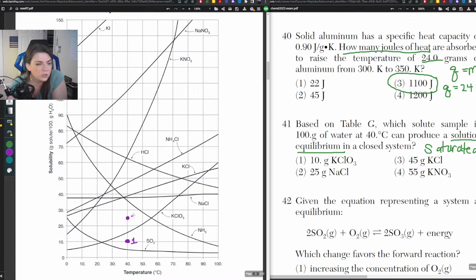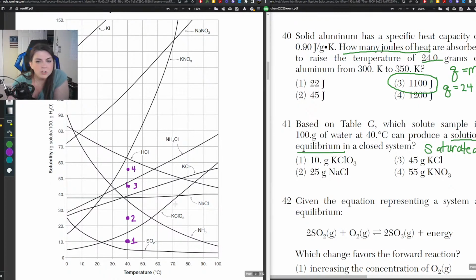That's answer choice 2. Number 3 is 45 grams at 40 degrees Celsius. And choice 4 would be 55 grams.